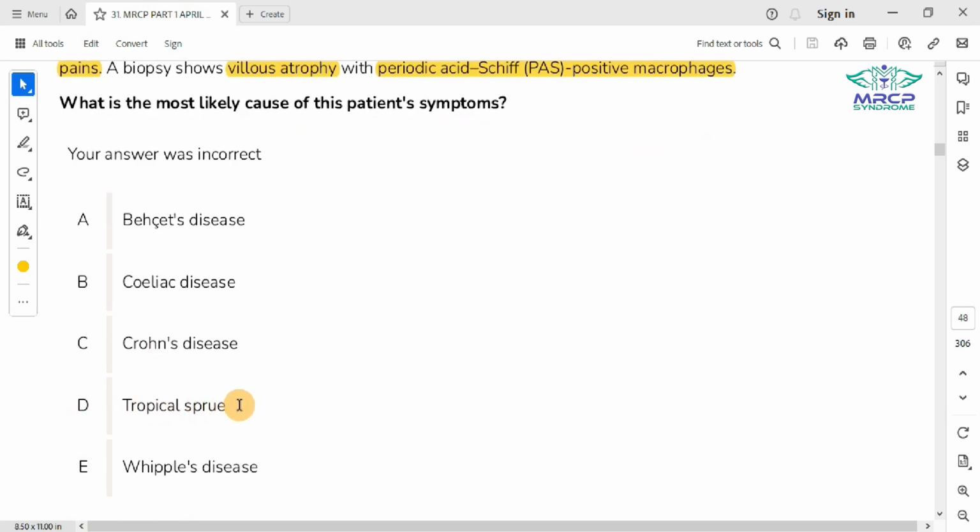And for the management of tropical sprue, T for tropical, T for the tetracycline. Usually we go for the tetracycline based regimen, usually 3 to 6 months. And we also need to go for the vitamin B12 and the folate supplementation.